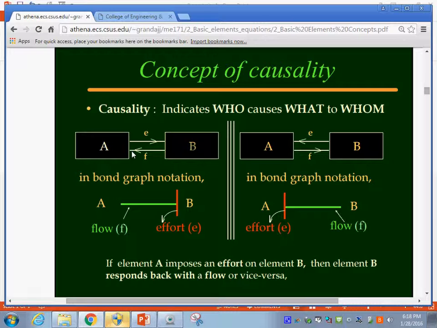In other words, I have an object, and if I apply a force to the object, the object moves. So the action was the force, the response was the velocity of the object. Do you see my point? Or vice versa, if we specify the velocity, then the force gets generated.